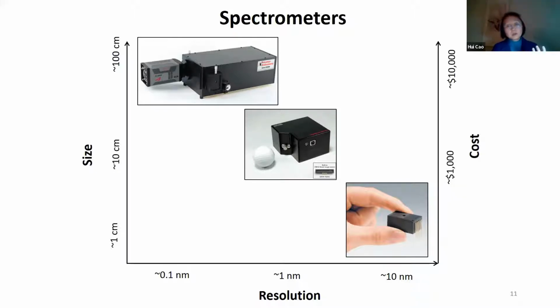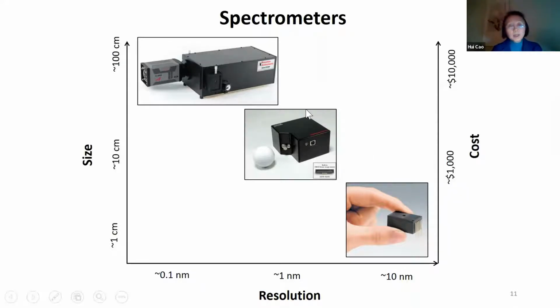When we try to buy a spectrometer, what do we usually consider? We can first, of course, consider the spectral resolution. But we also care about the size, and also the cost, right?